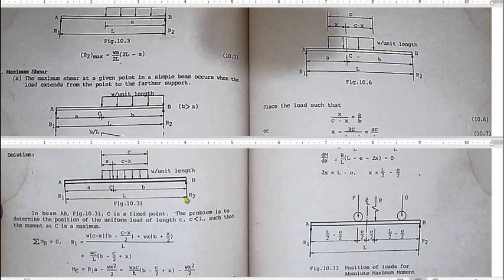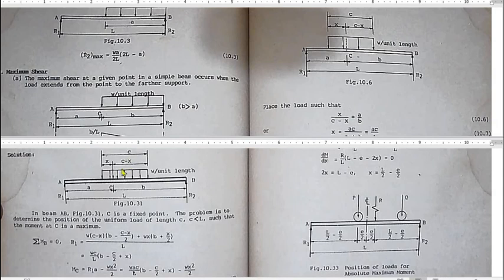Yan yung R1, tapos yan yung L. Ang kinokontra nitong R1 is obviously this vertical downward uniform loads, which is ito, no? So, W times C times X, yung load na yan, ito. Yan yung longer loads na nagkahati dito sa uniform load over the small length na C.